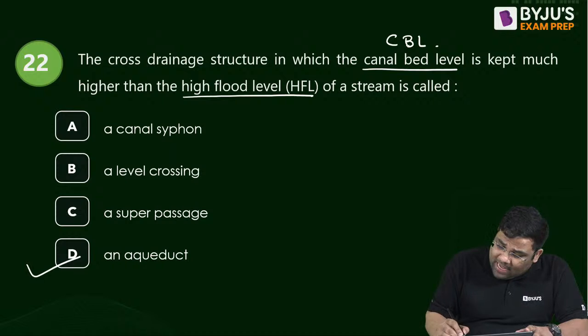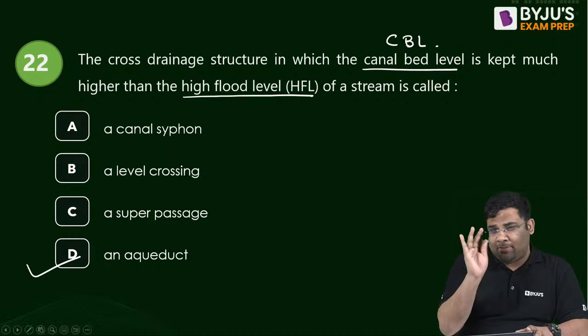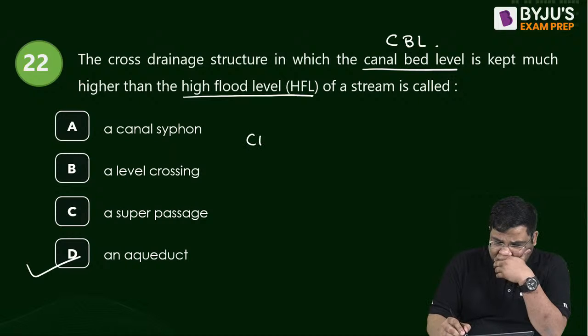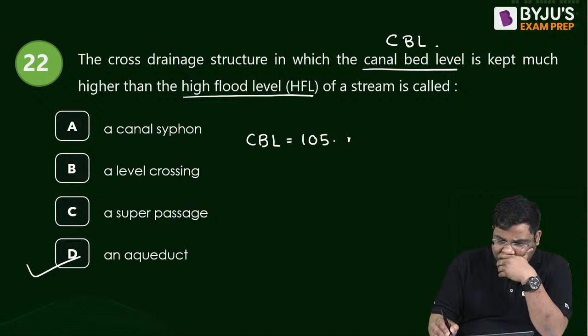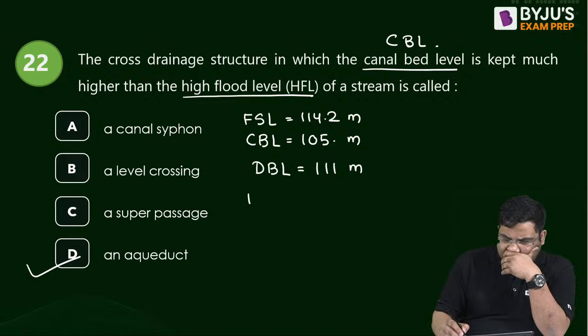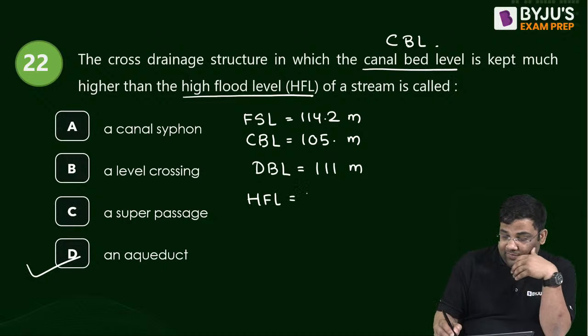Suppose I am giving you one data: CBL is equal to 105 meter, DBL is 111 meter, FSL is 114.2 meter and HFL is 117 meter.